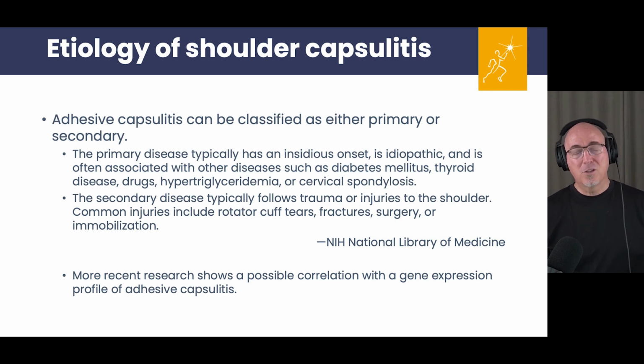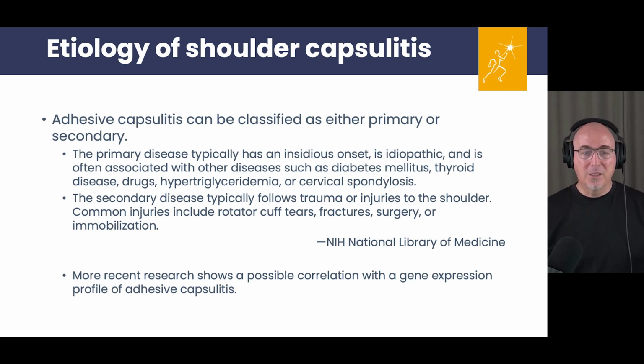And it's often associated with other types of systemic diseases like diabetes mellitus or thyroid disease, or certain types of drugs or pharmacology that we take, or cervical spondylosis. There are certain events that happen or infirmities that have a high correlation with shoulder capsulitis.